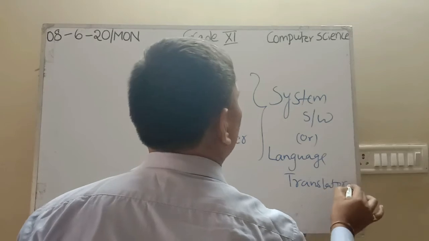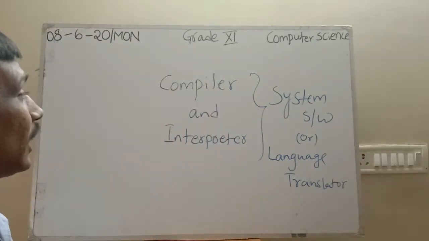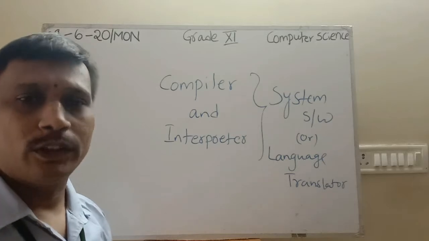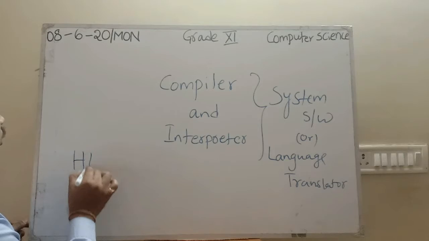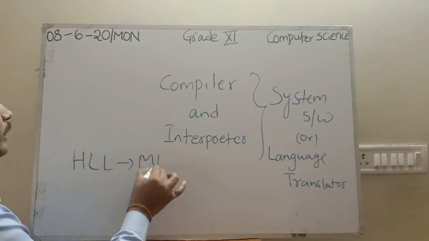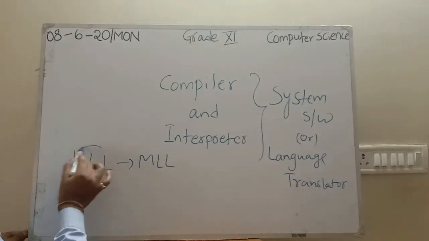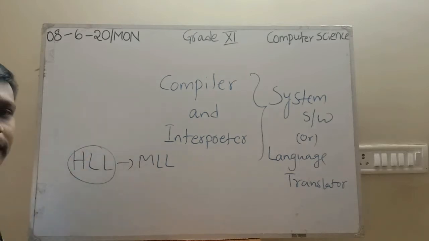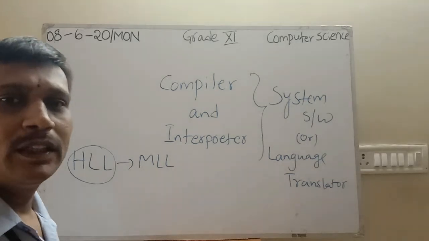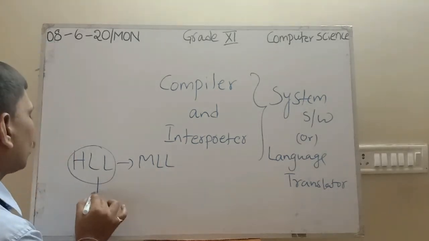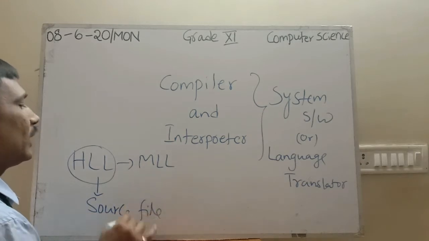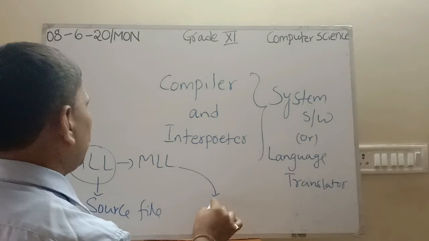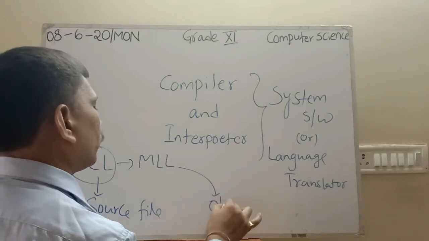So these translators are used for converting high level language program to machine level language, that is HLL to MLL. HLL is a file where you write a high level language program like C, C++, Java, Python. These files are called source files. A source file can be converted to an object file or object code.